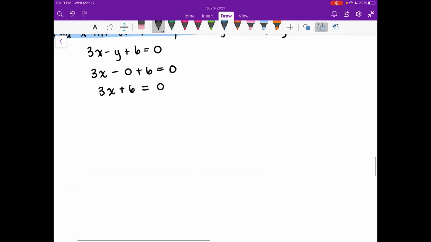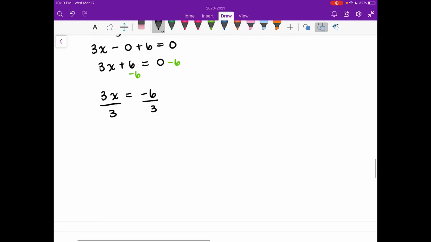We can move that 6 to the other side, so both sides become minus 6. 3x equals 0 minus 6, which is -6. And I'm going to divide both sides by 3 to get rid of the 3 in front of the x. So x is equal to -6/3, which is just -2.